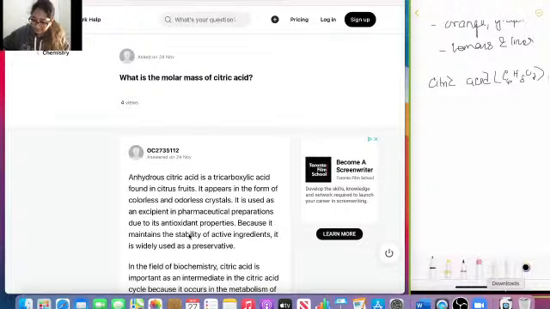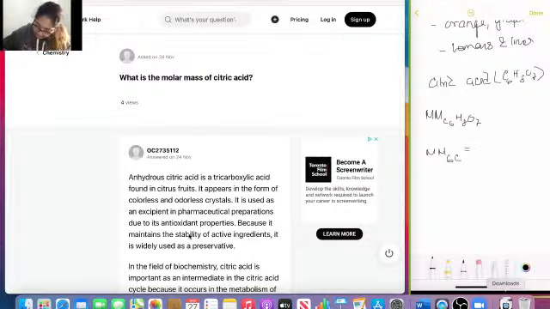So as you probably know, to find the molar mass for citric acid, we should first break the formula down into the individual elements and find the molar masses of those individual elements first. So first off, let's find the molar mass of carbon. We have 6 carbons, right?